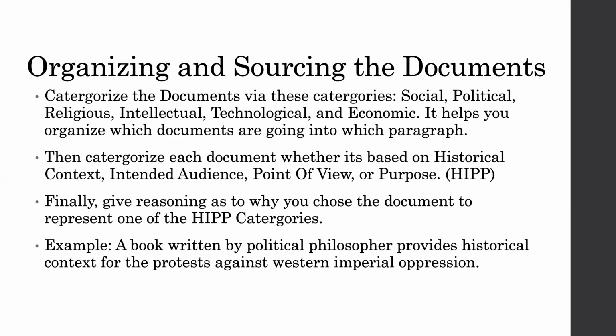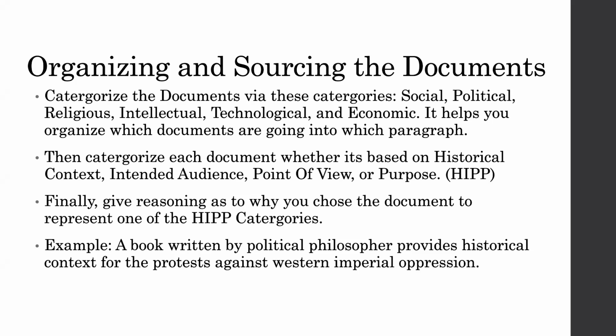All right? And so historical context basically means it gives context as to what things were like at the time, like what a person's certain view was at the time. Intended audience is basically who the document was intended for. Who was reading the document? Who was seeing the document?